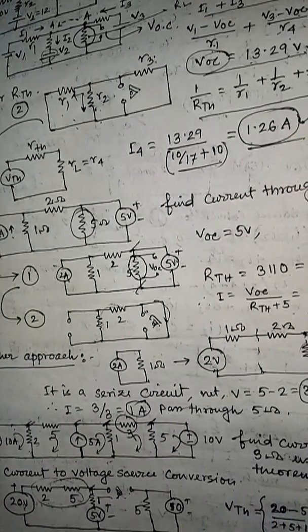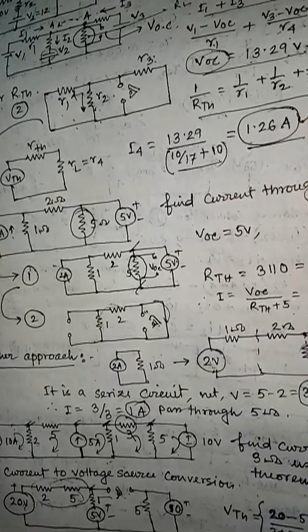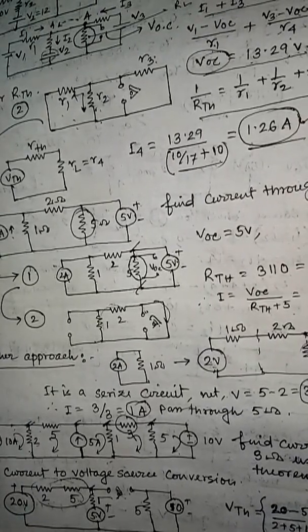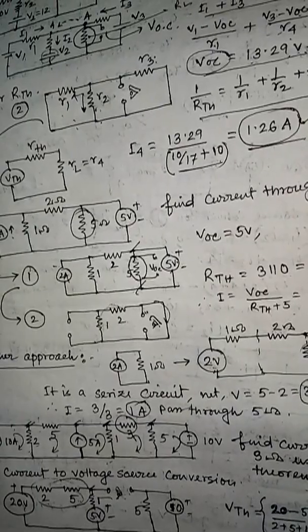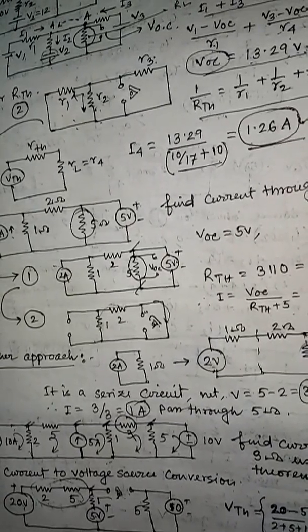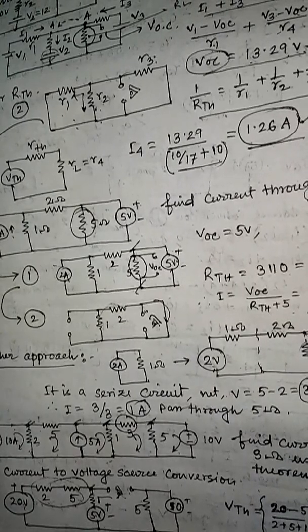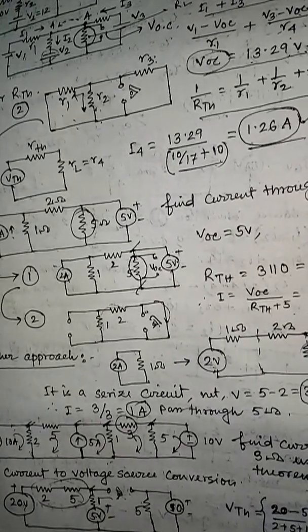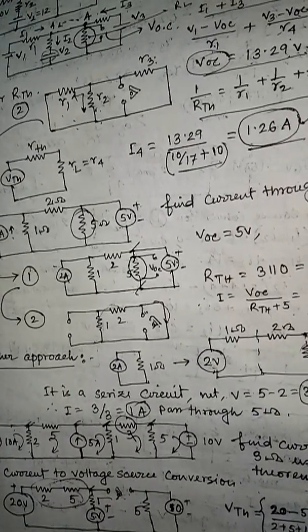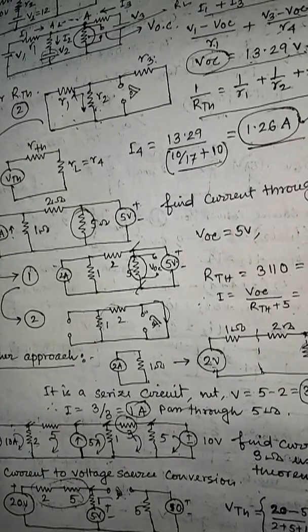Thevenin's theorem is basically one approach. It obviously reduces the time of solving a mathematical problem like this to much less. So it is an approach, and it has been given in a detailed way in front of you with 3 different mathematical examples.